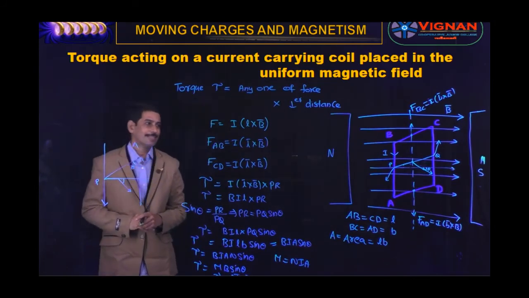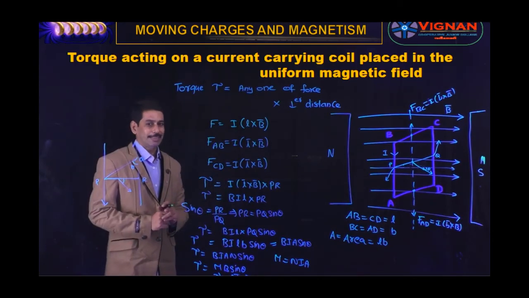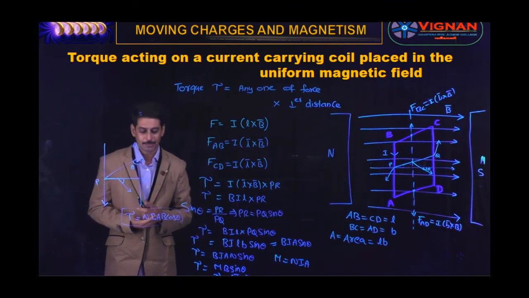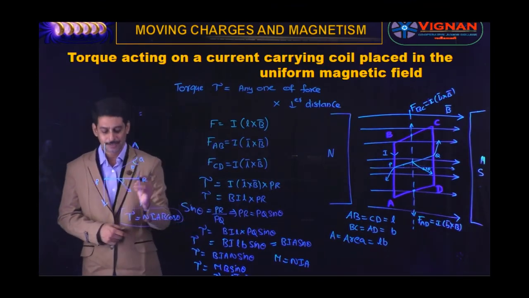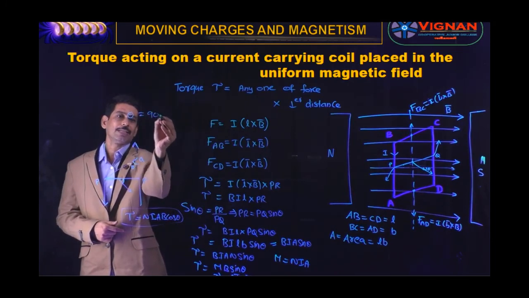And if phi is the angle made by the plane of the coil with the magnetic field, then theta is equal to 90 minus phi.